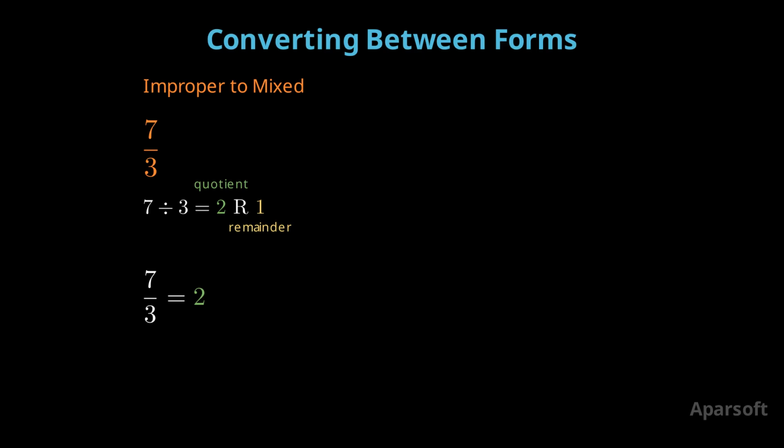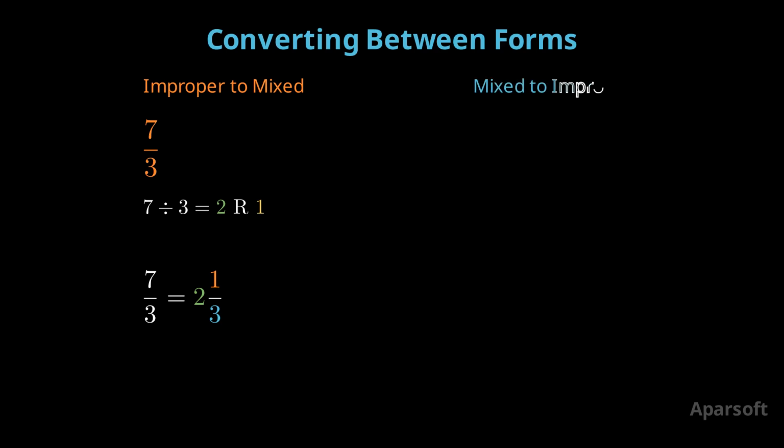In our case, quotient is 2. It becomes the whole number. We write it in front of the fraction. The remainder becomes the new numerator. In this case, 1 becomes the numerator, and the denominator stays the same. The denominator is 3, and it will remain the same. So, the improper fraction 7/3 can be written as the mixed fraction 2 and 1/3.